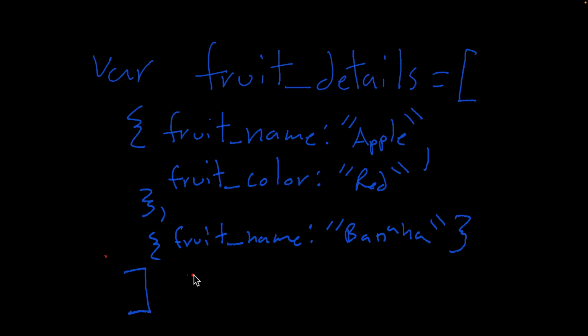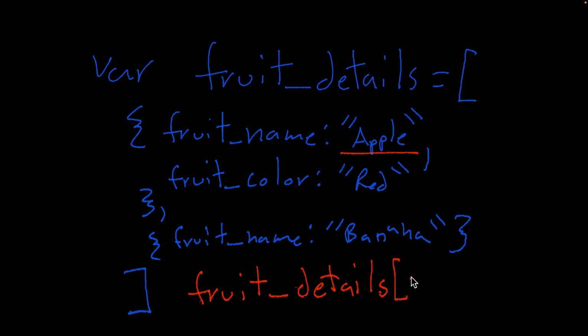Okay, so if we wanted to console log apple, we would say fruit details at 0. Okay, this is fruit details. 0 is the first object. This one here.